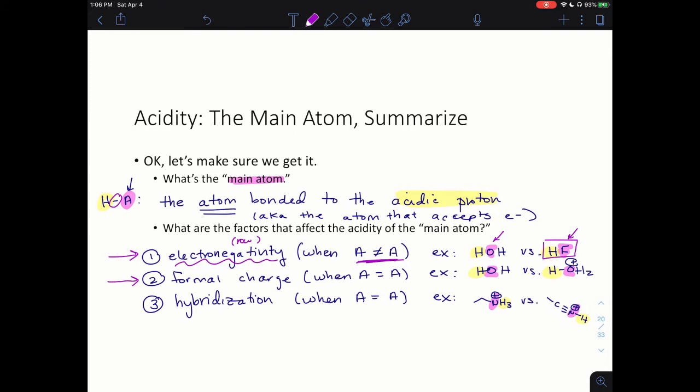Formal charge: when the main atoms are the same, so oxygen versus oxygen, and one of them has a positive formal charge, that will be the stronger acid. Last, when the main atom is the same, but they have different hybridizations, such as sp3 versus sp in this example, the one with more s character will be more acidic.